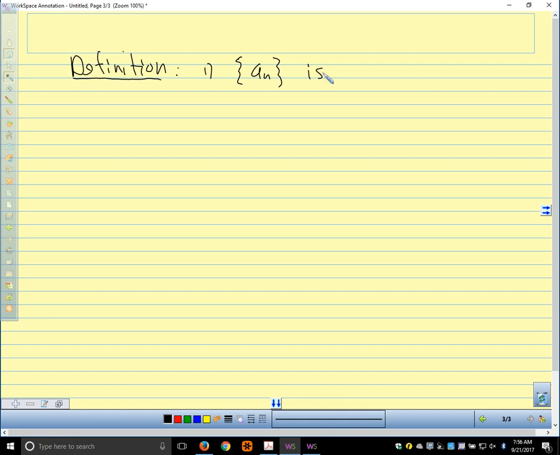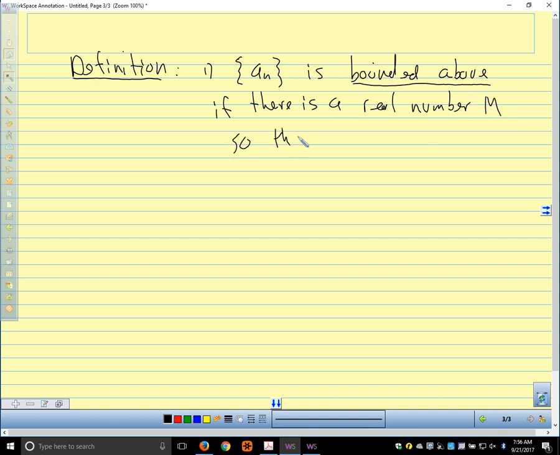A sub n is bounded above, and these are intuitive ideas, if there is a real number m so that a sub n is less than or equal to m for all n.